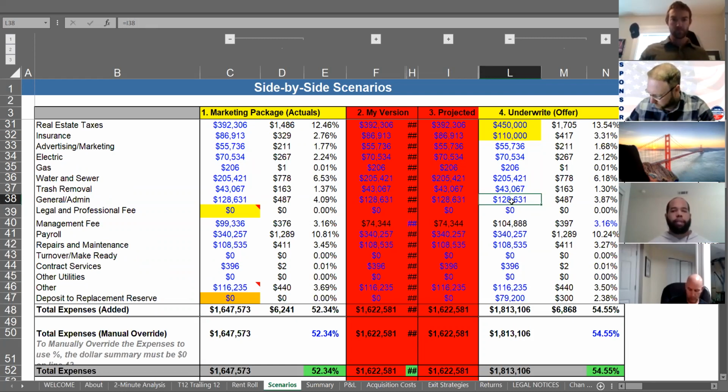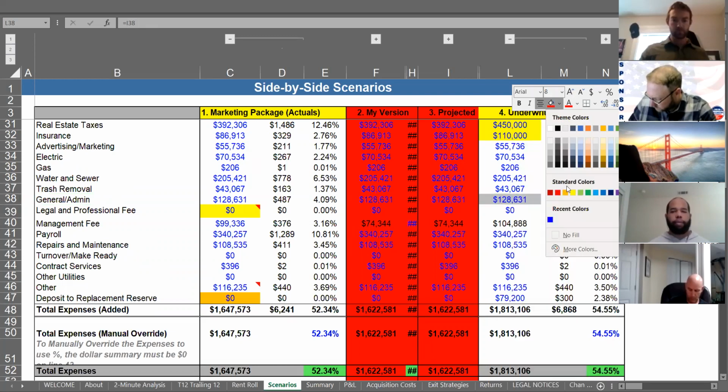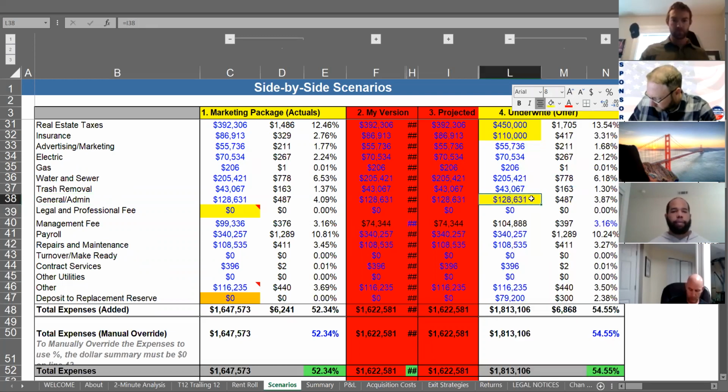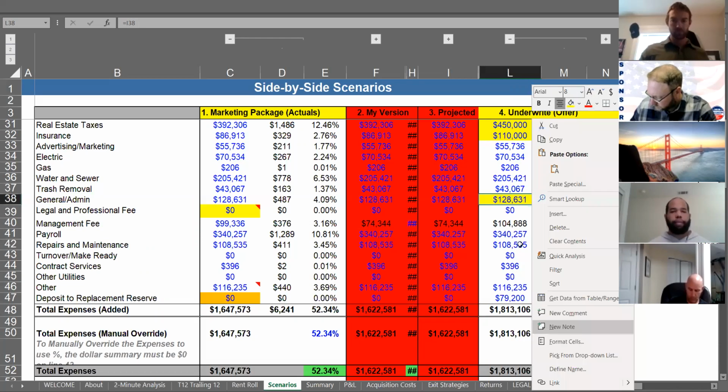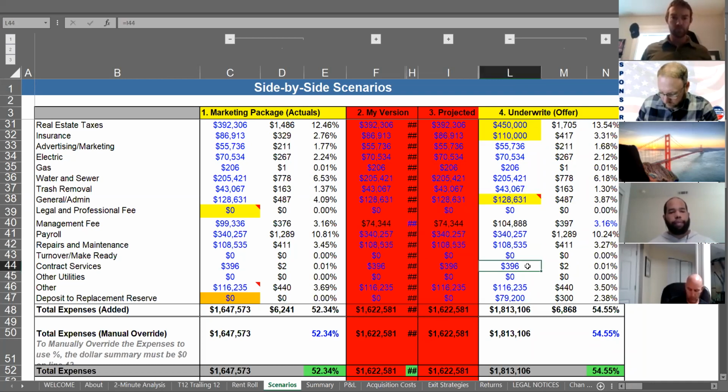Just highlight it in yellow, okay? And then just type right here a note: include it with GA, and that way they'll know.